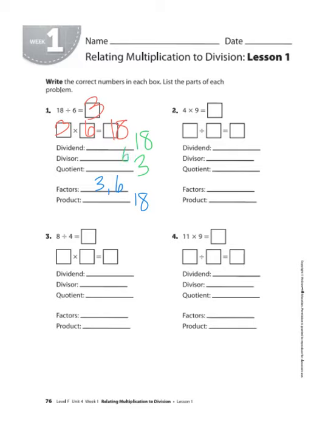So my dividend is 18, my divisor is 6, my quotient is 3. My answer is 3. So these questions right here go with my division problem. These questions right here go with my multiplication problem. So that's what you're going to do on 2, 3, and 4.